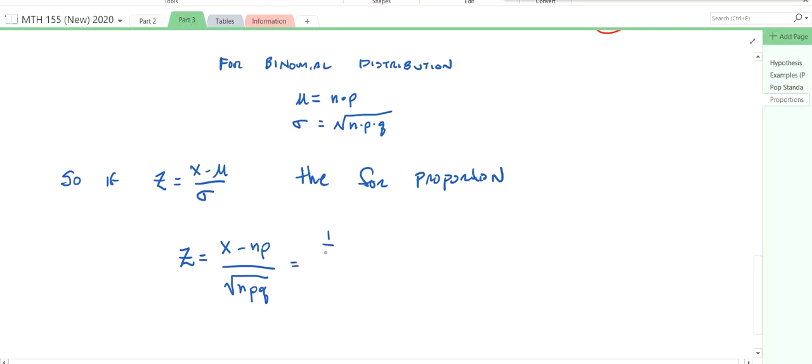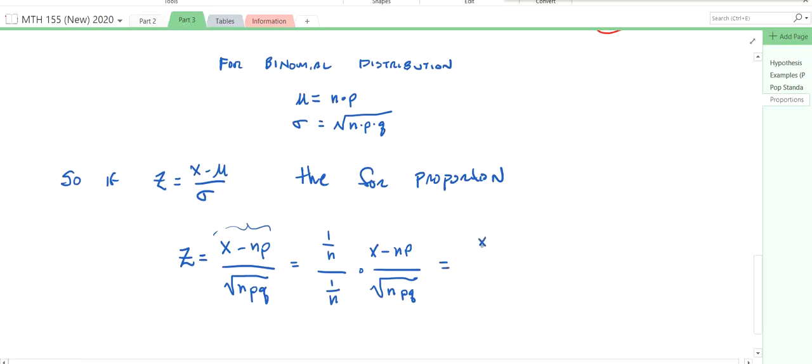I guess I didn't derive this back then, but we could look at it this way. I could multiply this idea here by 1, or 1 represented by 1 over n over 1 over n. Anything over itself is equal to 1, times x minus np over square root of npq.